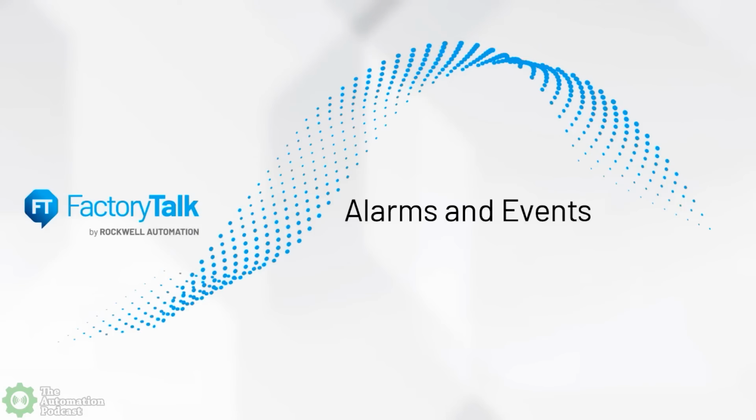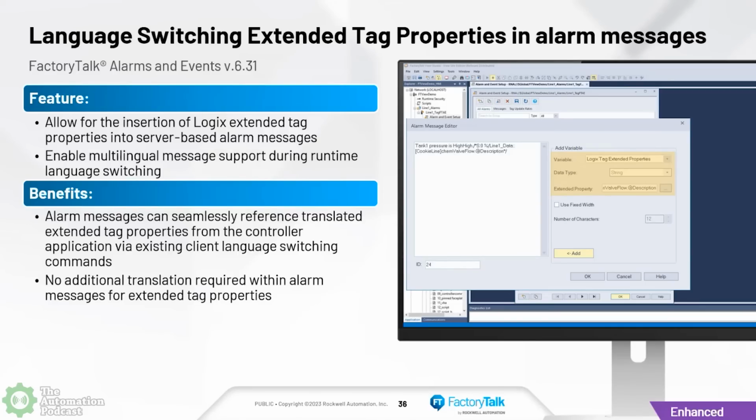Right. Moving on to the next theme, which is alarms and events. We've spoken about this a little bit previously, but in the L8 series controllers, they introduced a thing called logic tag-based alarms. For those that are not aware, basically you go to a tag, right-click on it, say I want to make this an alarm, and it comes up with a configuration dialog box.